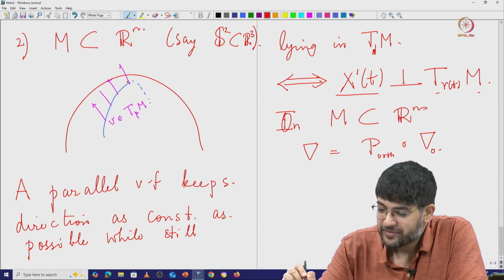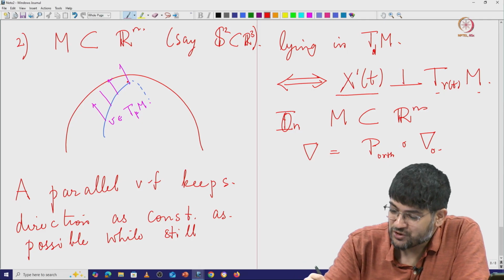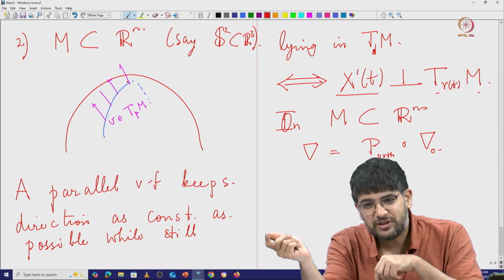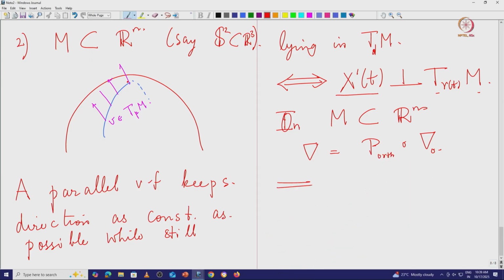So the statement that x prime is perpendicular to the tangent space to M is identical to the statement that along this curve the covariant derivative of x is identically 0, if you take this connection to be the orthogonal projection of the Euclidean connection. So such vector fields are defined to be parallel vector fields.